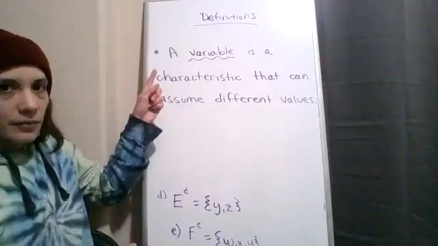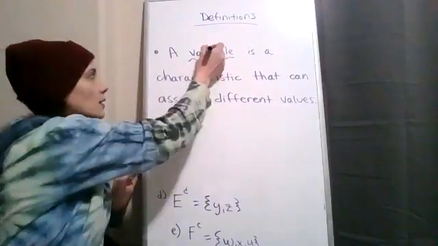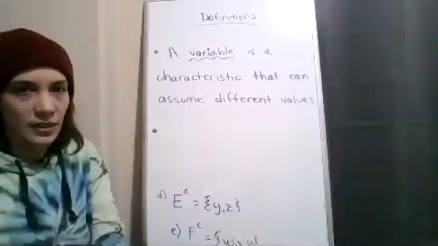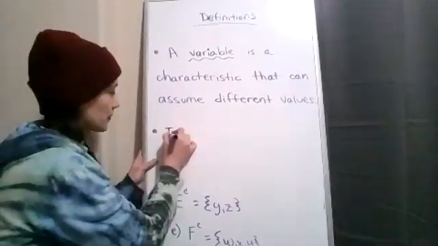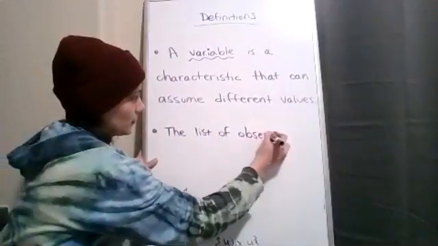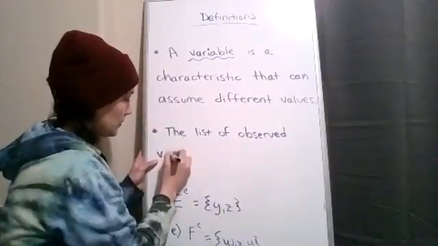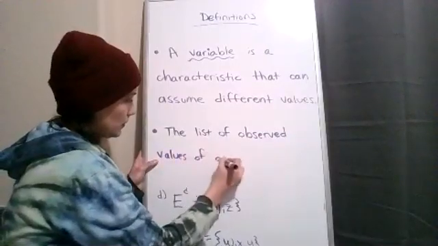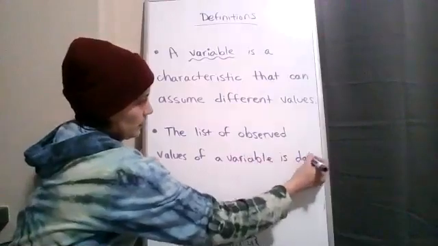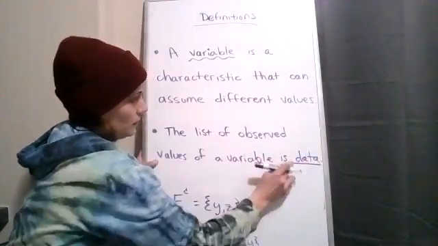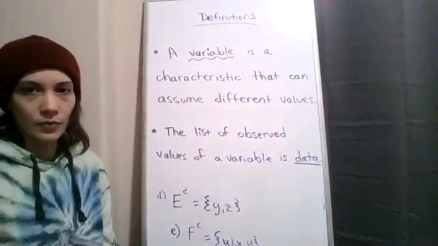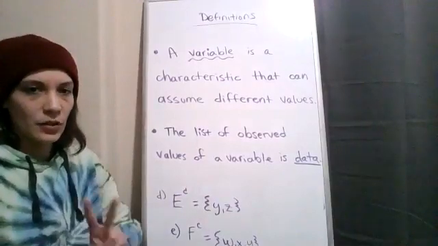And so our focus for the rest of class is variables. The list of observed values of a variable is called data. Okay, and then there are two kinds of variables.